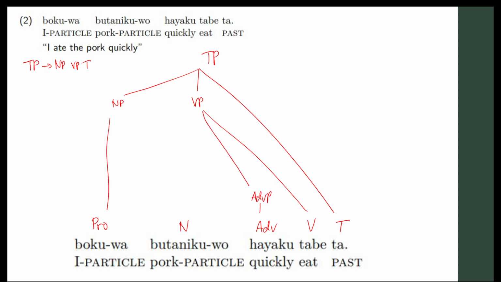Well, it's modifying the verb, and then a noun has to build up into a noun phrase, and that's going to be the complement of the verb. So actually here, instead of English, which is V to NP, we do VP to NP V in Japanese. The order is backwards. So this would be the tree for I ate the pork quickly, or boku wa butaniku hayaku tabeta.